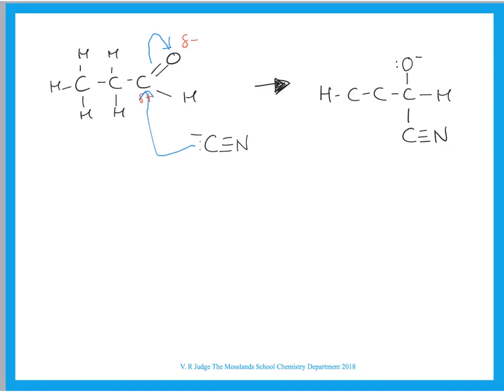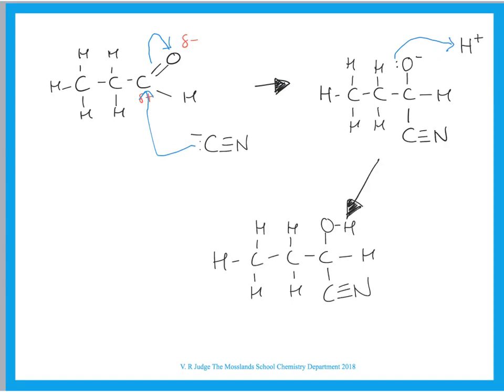The next step is that this oxygen, just as in the previous example with sodium tetrahydridoborate, would pick up a hydrogen from the solution. So the lone pair of electrons attacks an H+ ion, and a bond is formed there as well. I'd missed a few hydrogens out here, but I've drawn them in now. So this is the product.